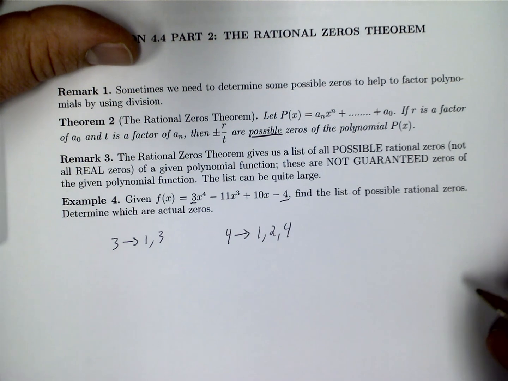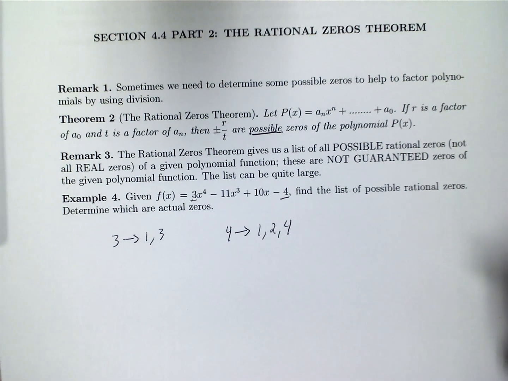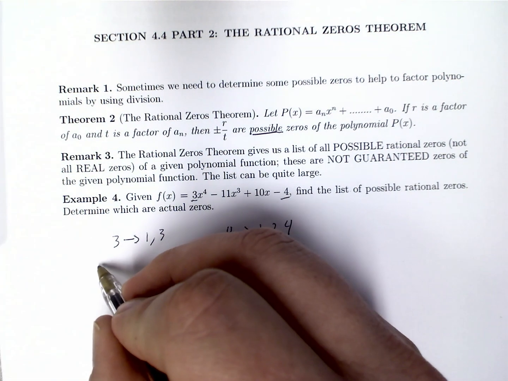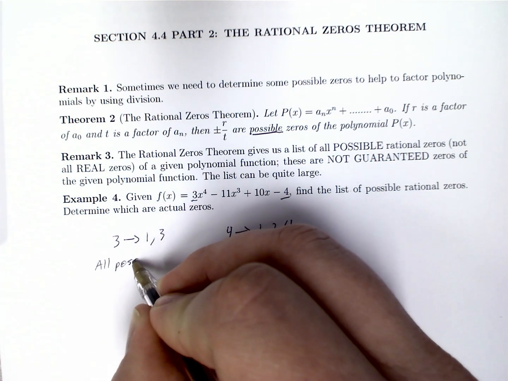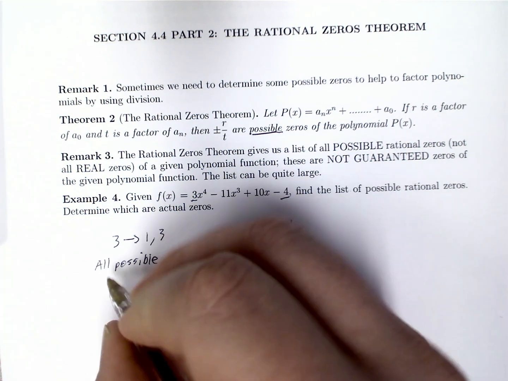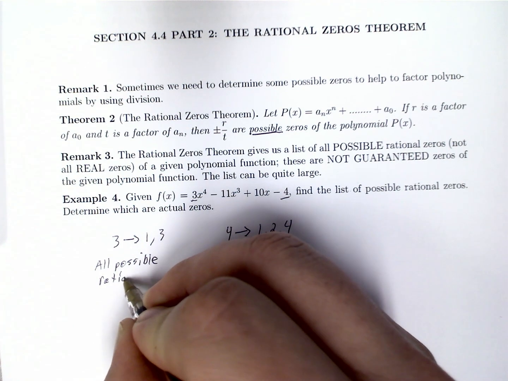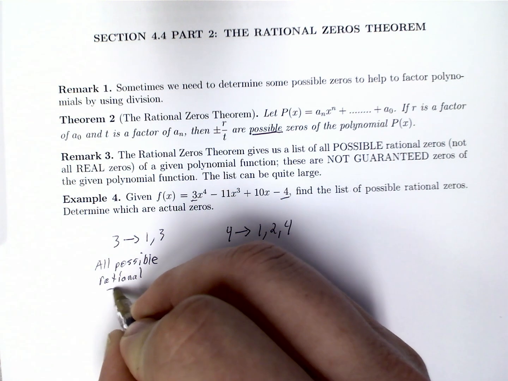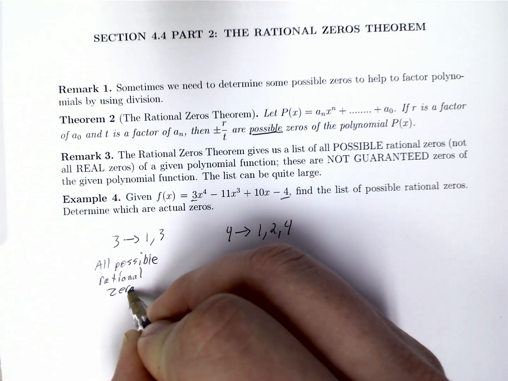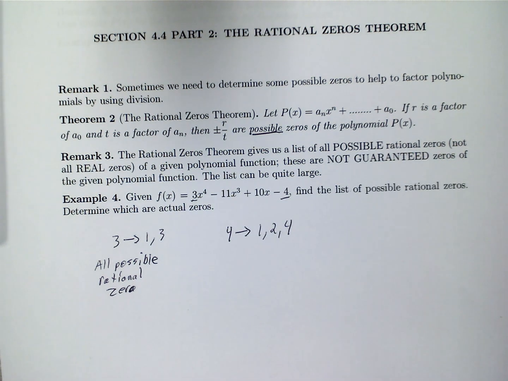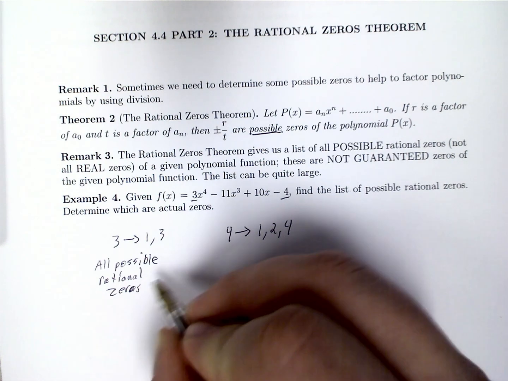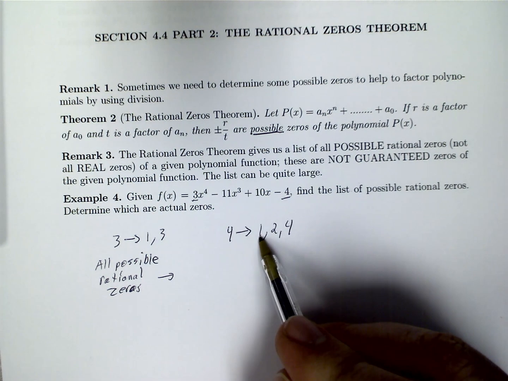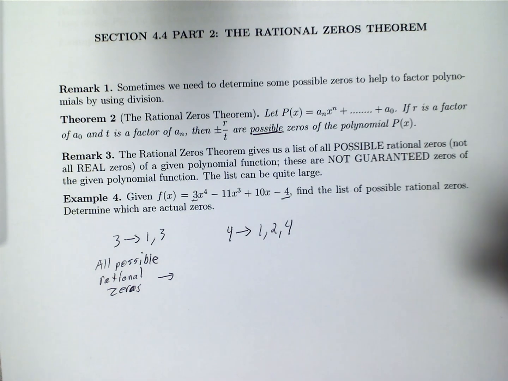So it's not prime. So, what are the possible zeros? Well, all possible rational zeros. And this does give us a full list of all rational zeros. Again, rational numbers are just fractions or integers. And it's these numbers over this number with a plus and minus.